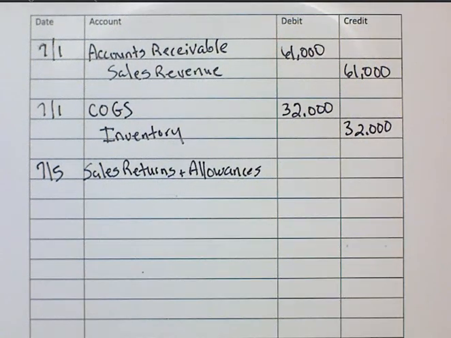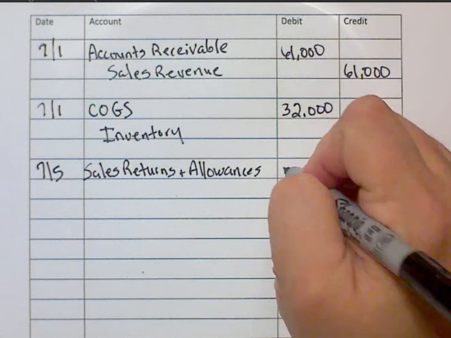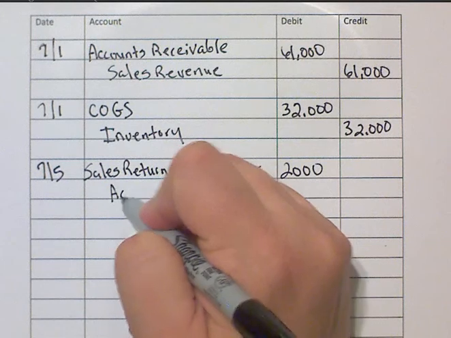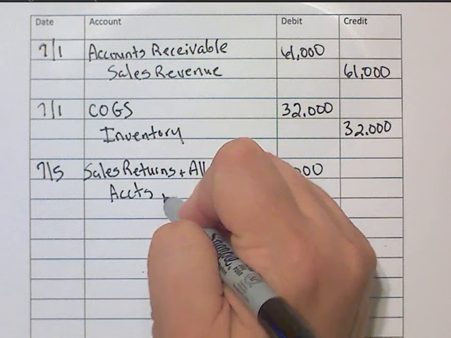Now technically, if we wanted to, we could debit sales directly, but then we wouldn't be able to track our returns and allowances. So this gives us a little bit more detail if we put our sales returns and allowances into a separate account. So we're going to debit sales returns and allowances for $2,000 and credit accounts receivable for $2,000.